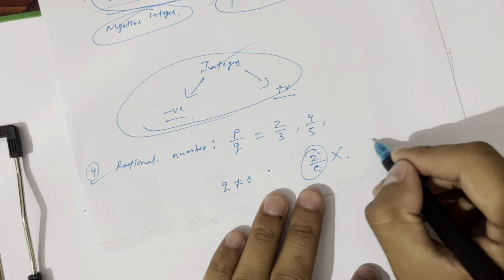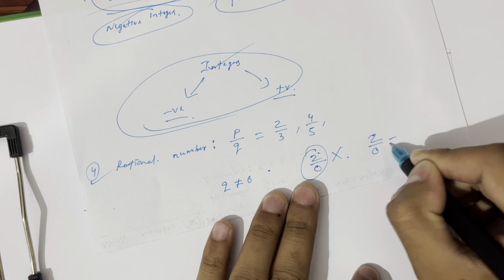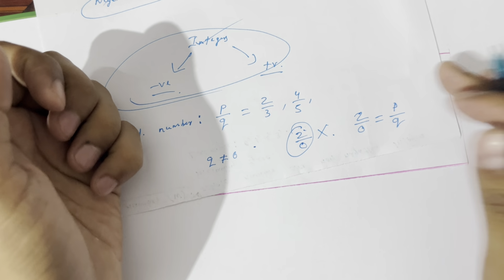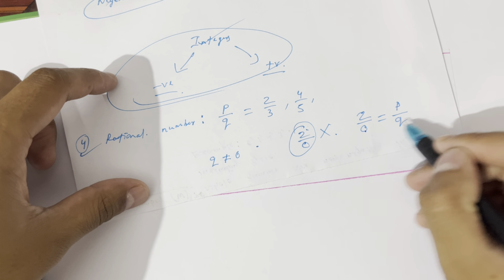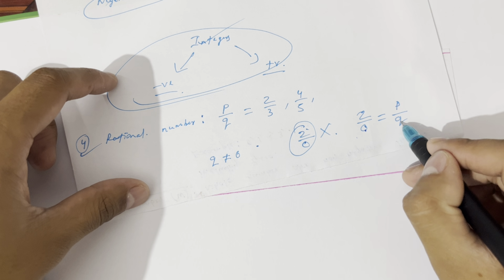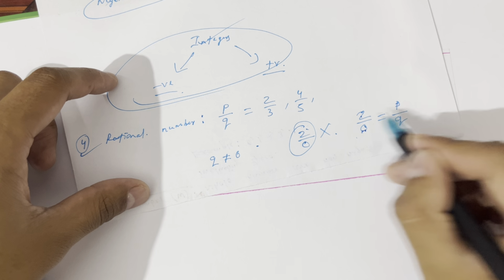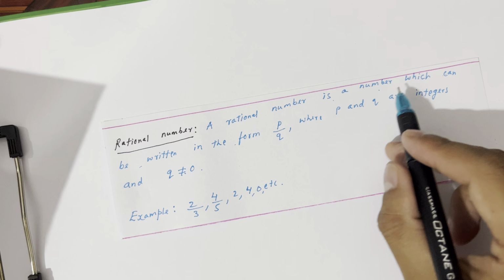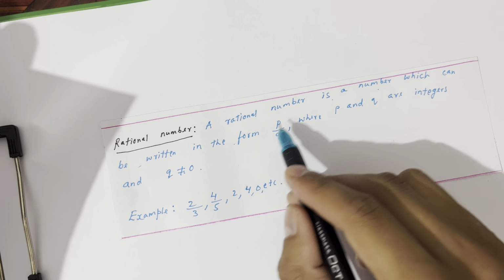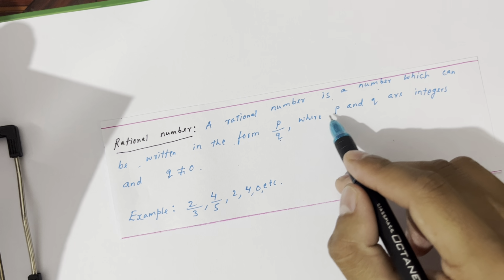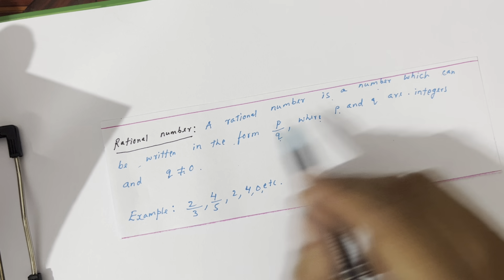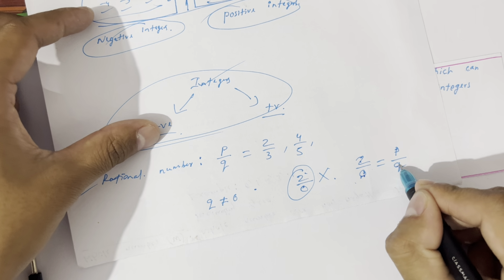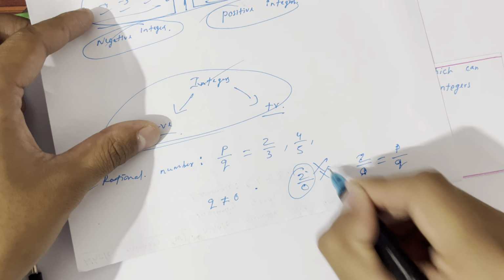Because why? 2 by 0 is written in the form of p by q, but here q is equal to 0: p equals 2 and q equals 0. What did the definition say? A rational number is a number which can be written in the form p by q, where p and q are integers and q is not equal to 0. But here q is equal to 0, so this is wrong.